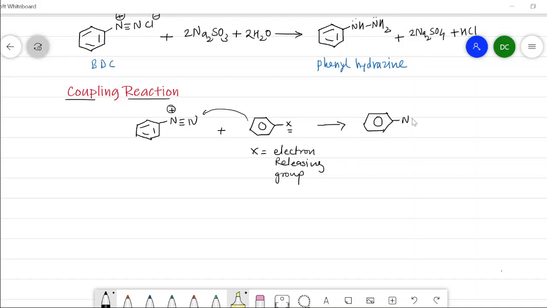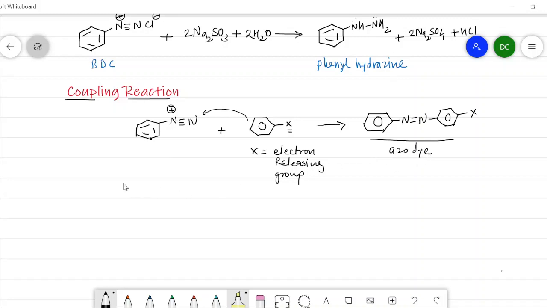Here there is N double bond N attached to the aromatic ring, and there is X. It is called a coupling reaction, and it involves the formation of azo dye.